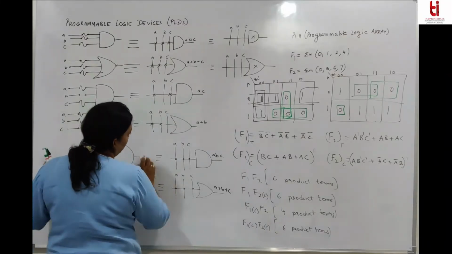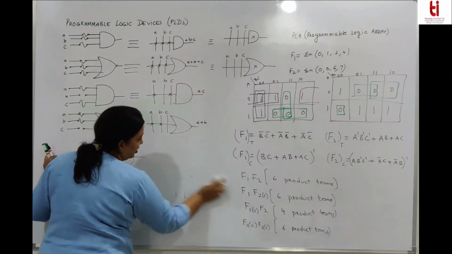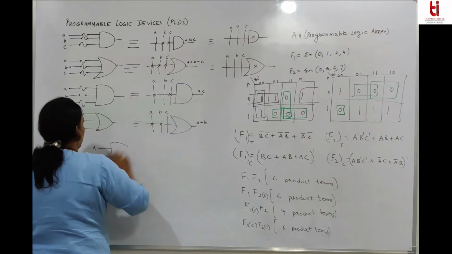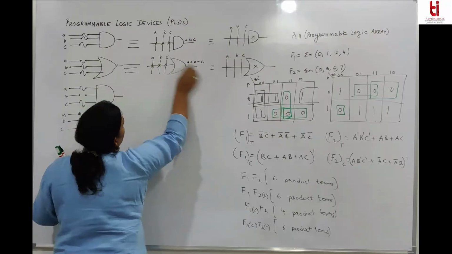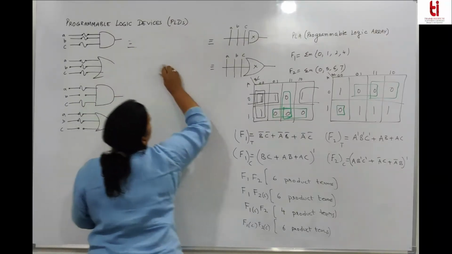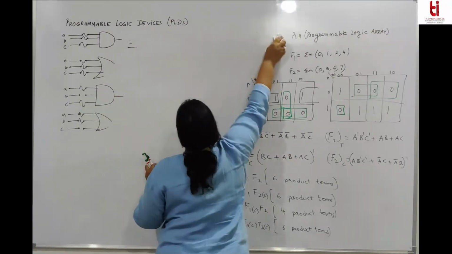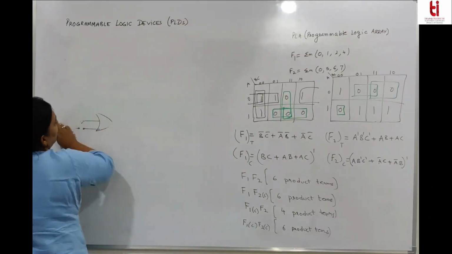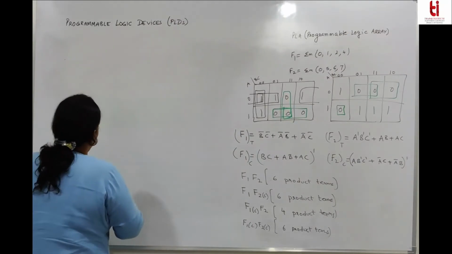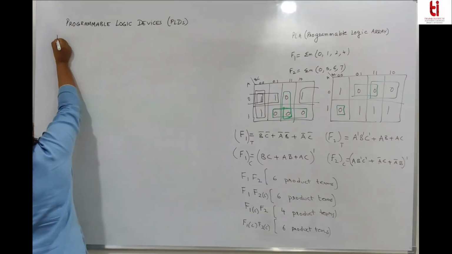So what you do now is, you have the product terms. Generate only important product terms. Don't generate all the product terms. So first thing is make a PLA table and then draw its circuit. So first is the PLA table.